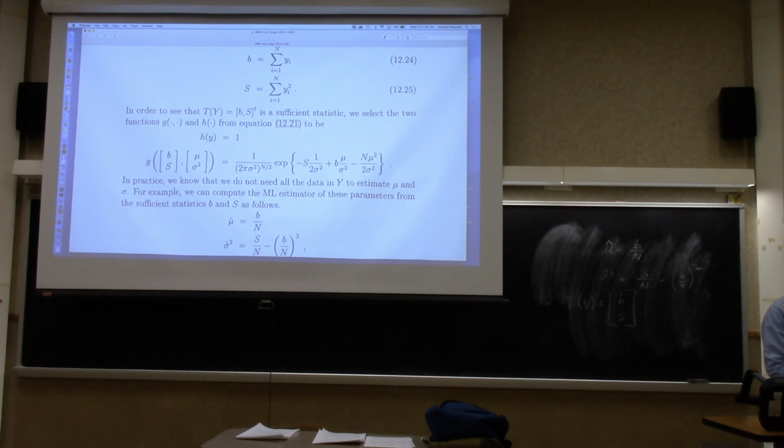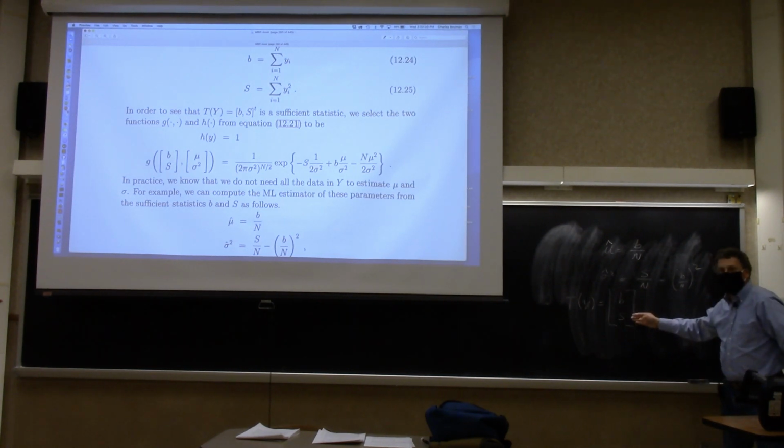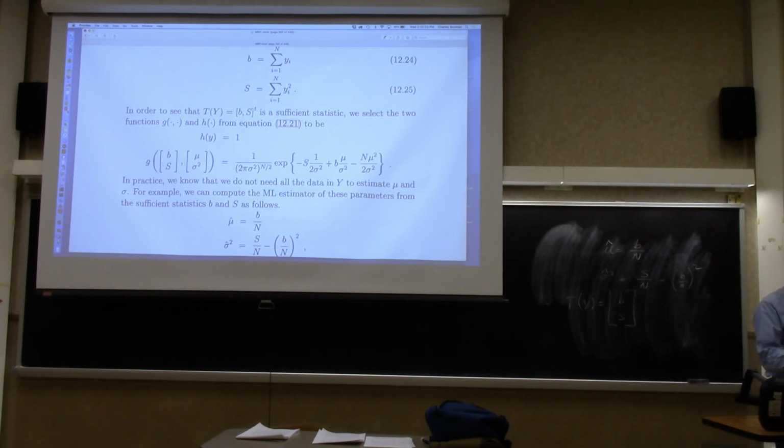And this is just a constant. So here you can express this as an exponential of an inner product between a vector of sufficient statistics, B and S, and a vector that is a function of the parameters.